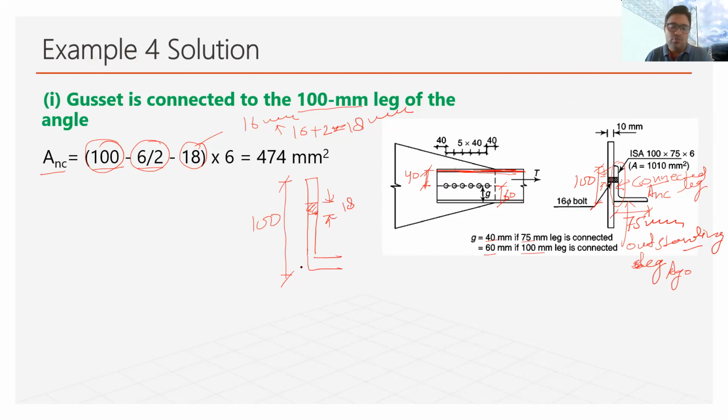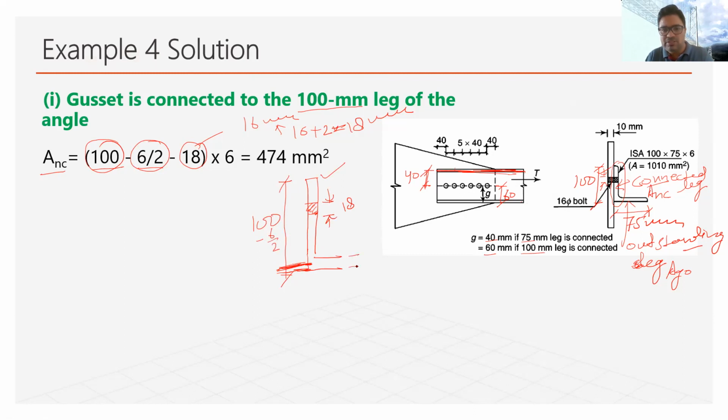Okay, now to calculate this, the leg length is 100 and it is being measured from the bottom, but generally this length we consider as half of the thickness. The leg length for this part will be 100 minus 6 by 2. Why?